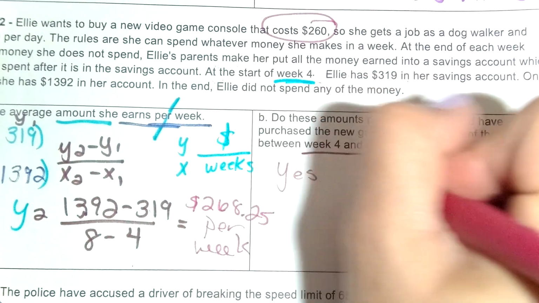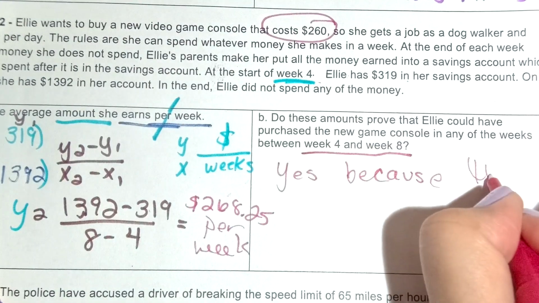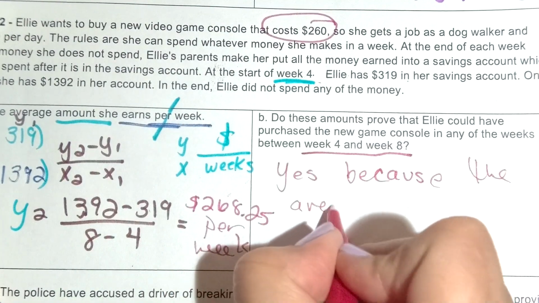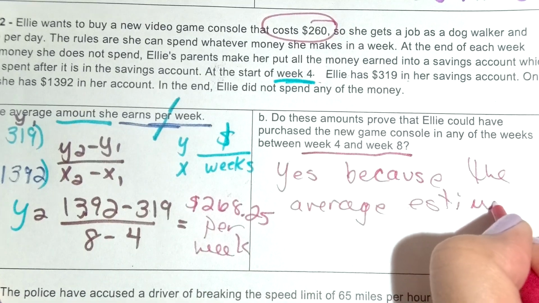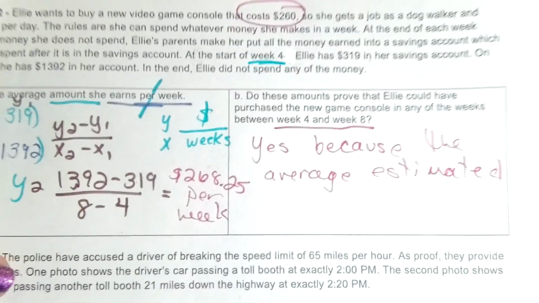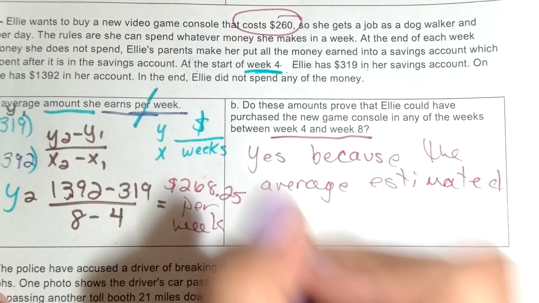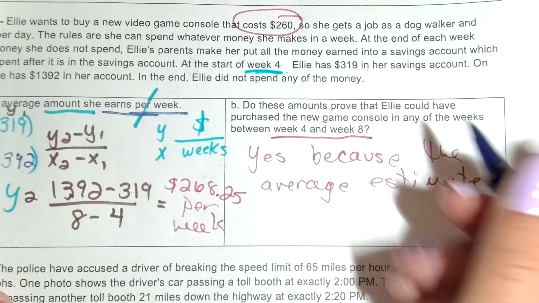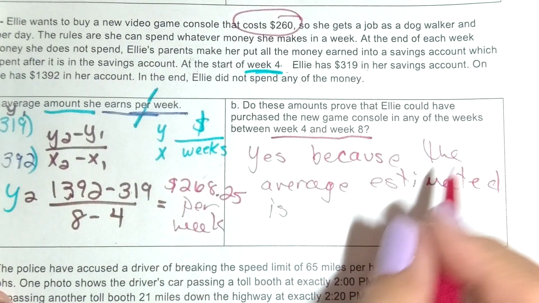Yes, because the average estimated, now remember these are estimates, this is not exact because she could have maybe made more in 1 week, more in another week, okay, we're just averaging out. Yes, because the average estimated is greater than the original cost.